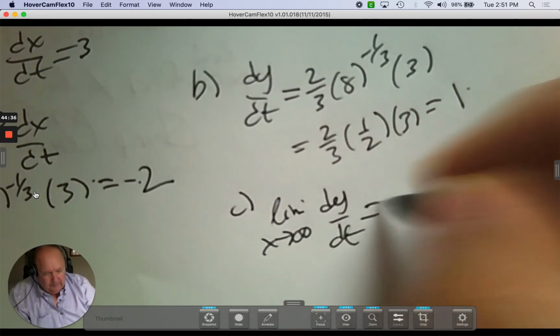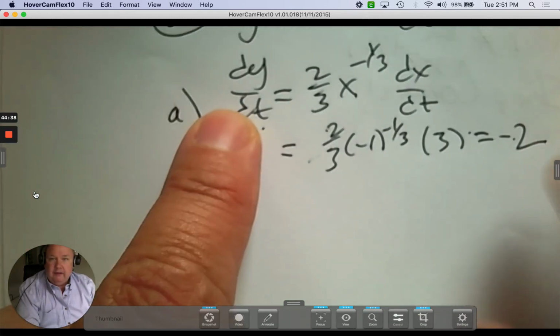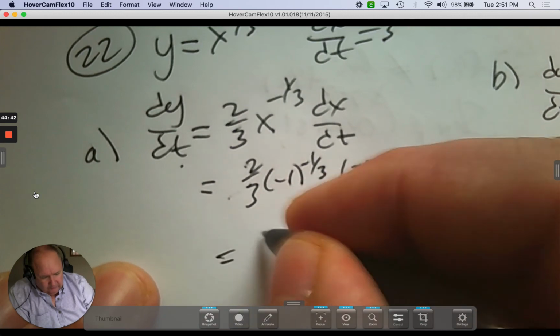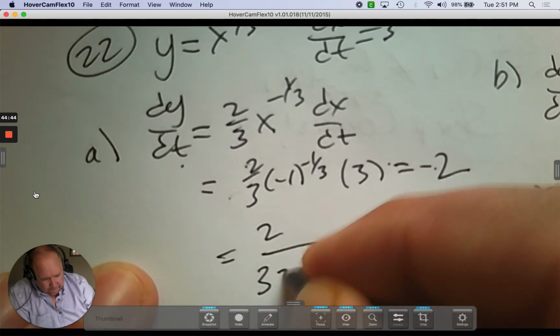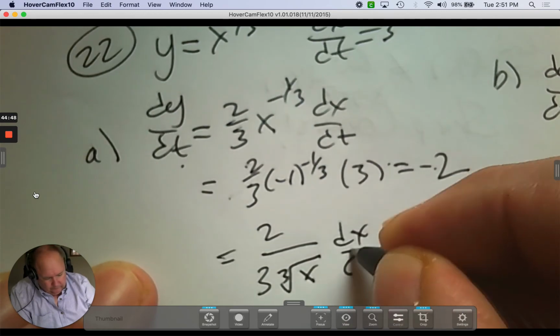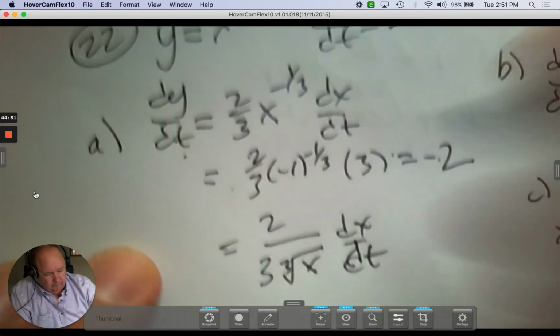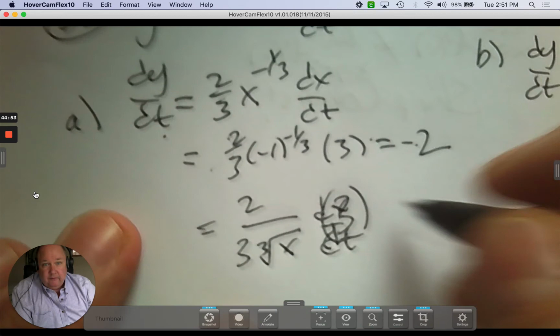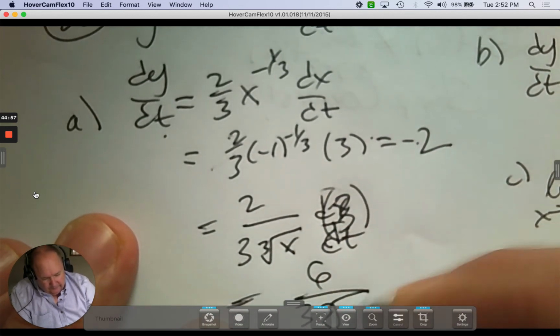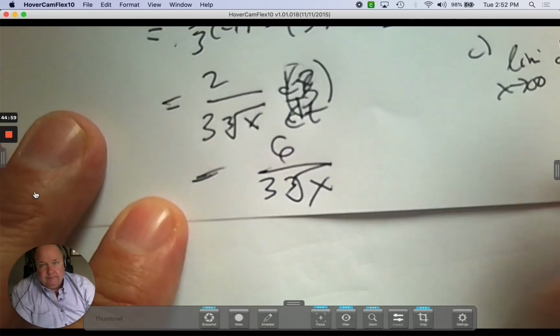So what does that mean? As you plug in huge numbers for x, remember this is 3, right? Because that's 3, really it's 6 over that. That's what it looks like.